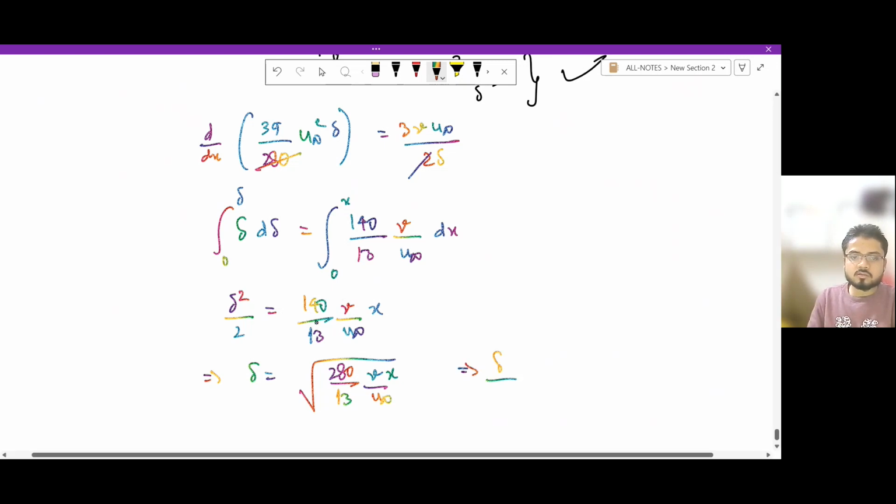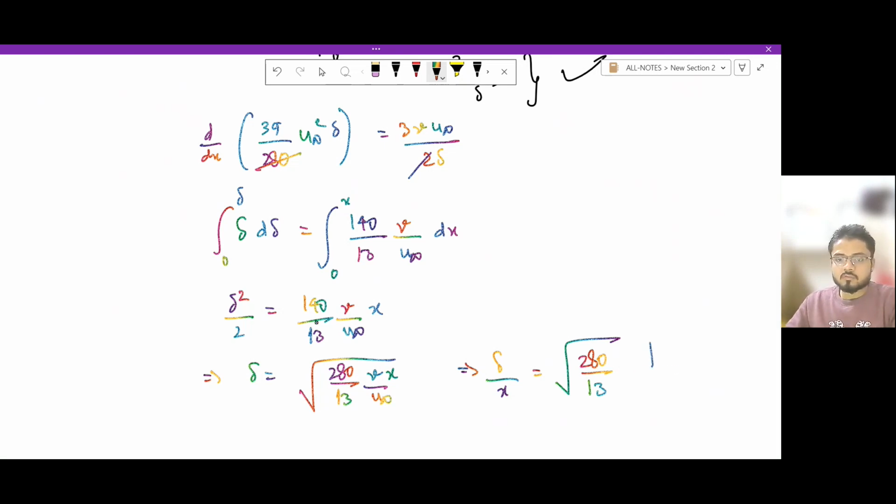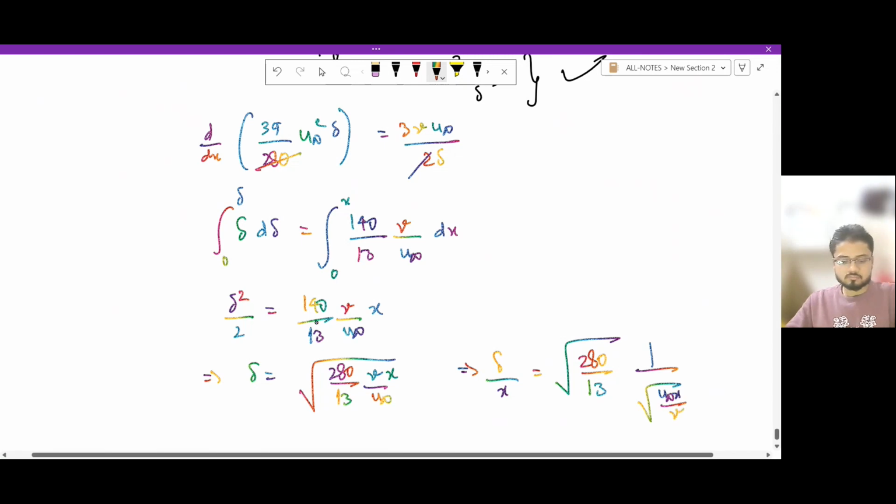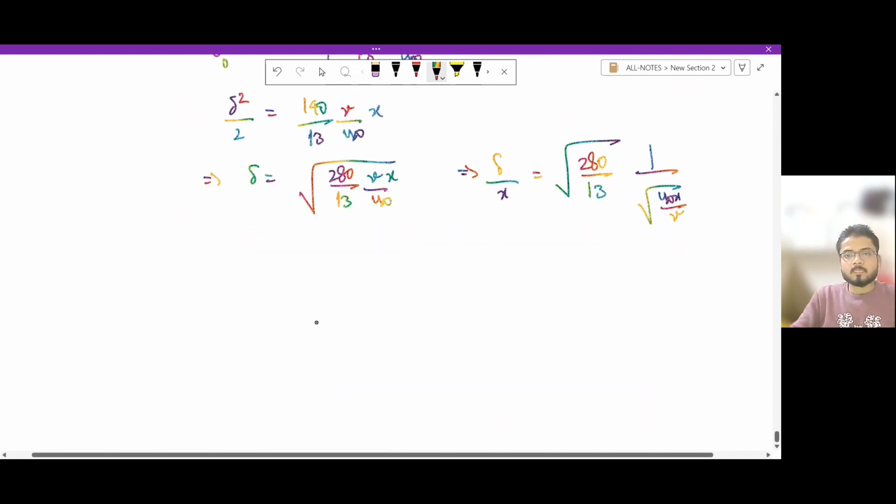Or you could write delta over x is square root of 280 over 13, 1 over square root of u infinity x over nu. And this is equal to 280 over 13 Reynolds number in the form of x power 1 by 2.